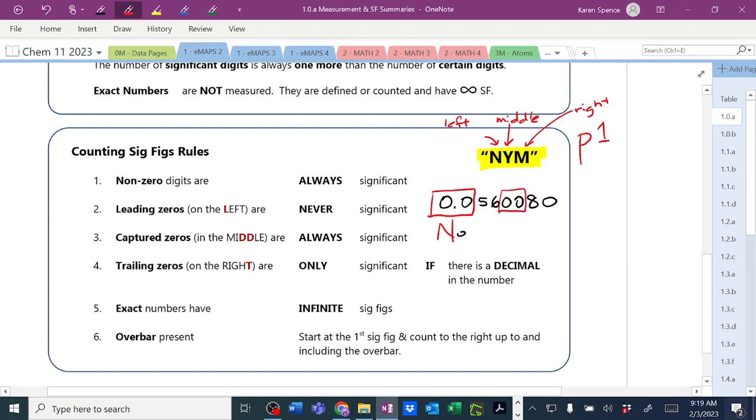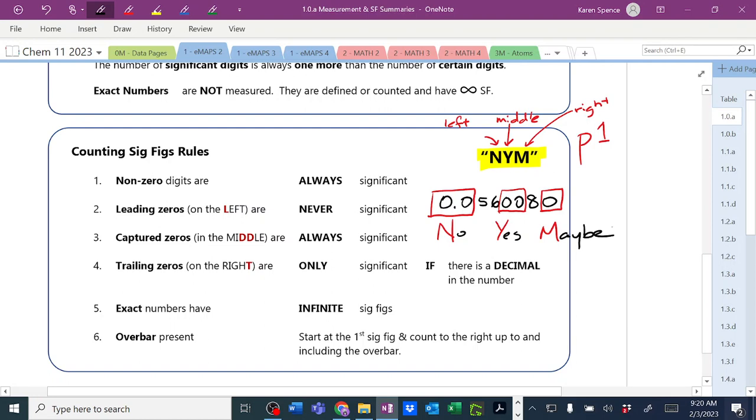And those are ones that are sandwiched in between some non-zero numbers. It's in between the 6 and the 8. Those ones are, yes, they are significant. And finally, we have a 0 on the right. Okay, and that one, the M stands for maybe. Maybe those zeros are significant.